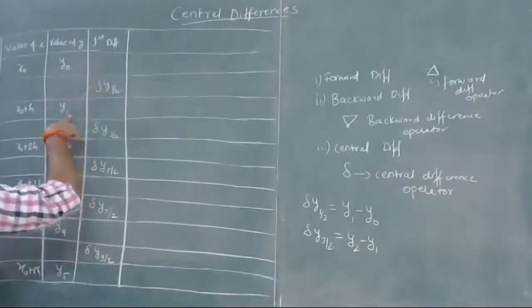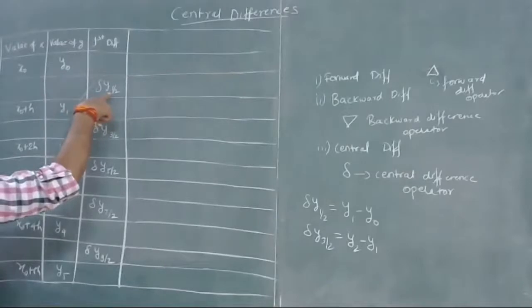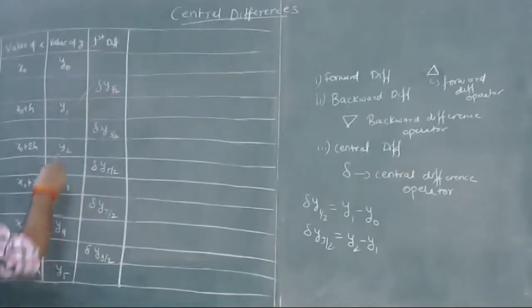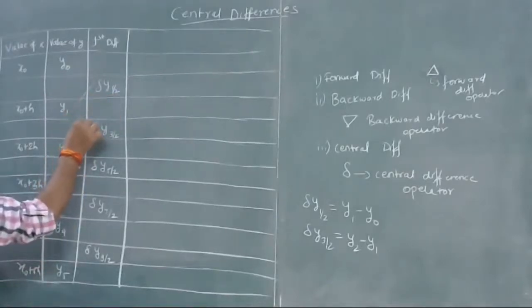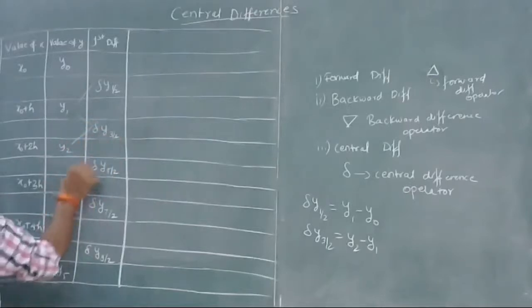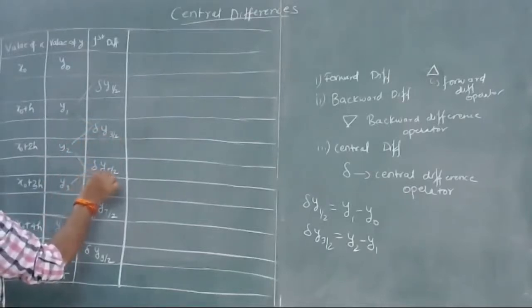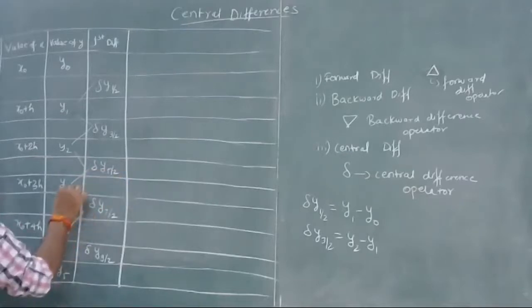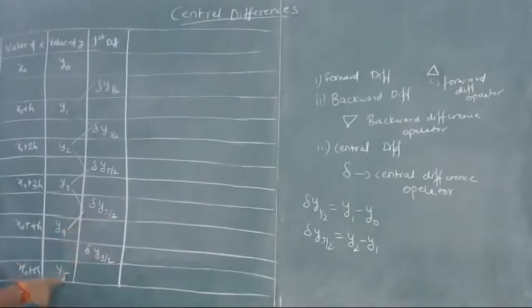So when you subtract y1 minus y naught, you get del y1 by 2. Then y2 minus y1 gives del y3 by 2, y3 minus y2 gives del y5 by 2, y4 minus y3 is del y7 by 2, and the last is del y9 by 2.